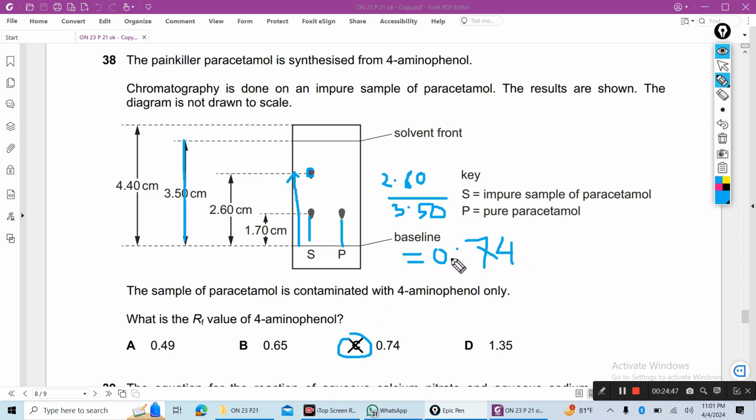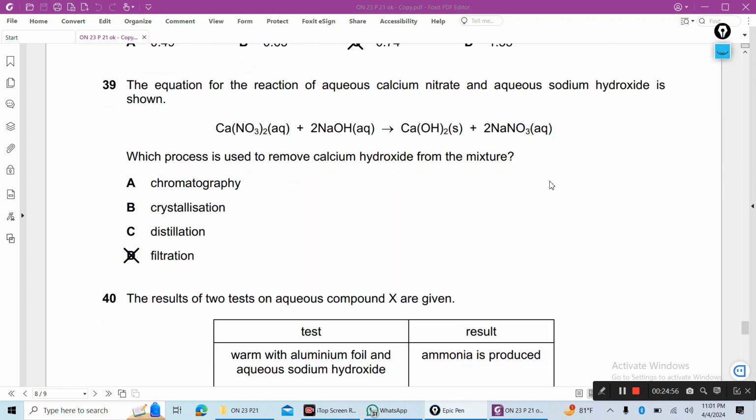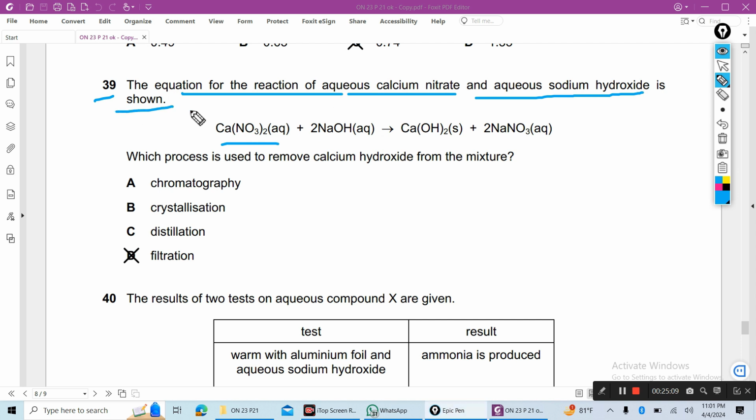Next, the equation for the reaction of aqueous calcium nitrate and aqueous sodium hydroxide is shown. Calcium nitrate reacts with sodium hydroxide to produce calcium hydroxide and sodium nitrate solution. This aqueous means soluble, this is solid.